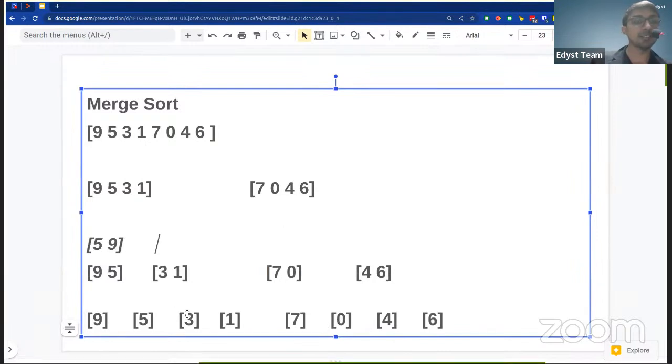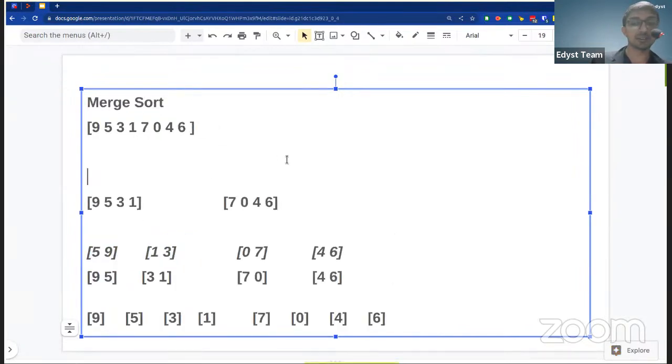Similarly, when I combine this 3, 1, what do I get? 1, 3. When I combine this 7, 0, what do I get? 0, 7. And this 4, 6 remains the same, 4, 6. Now 5, 9 is sorted, 1, 3 is sorted. If I combine both of them, I get 1, 3, 5, 9.